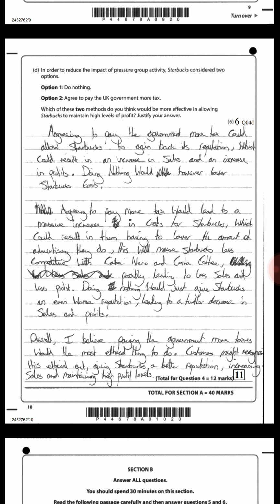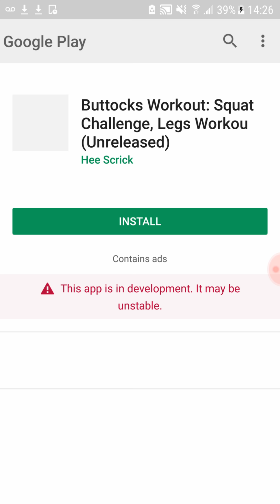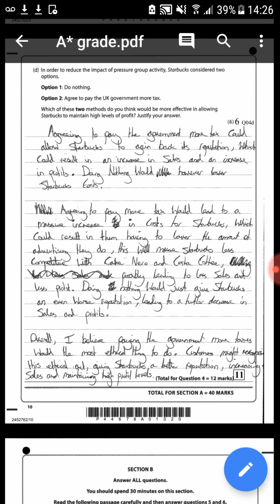Agreeing to pay more tax would lead to a massive increase in costs for Starbucks, which could result in them having to lower the amount of advertising they do. This will make Starbucks less competitive with Caffè Nero and Costa Coffee, possibly leading to less sales and less profit.